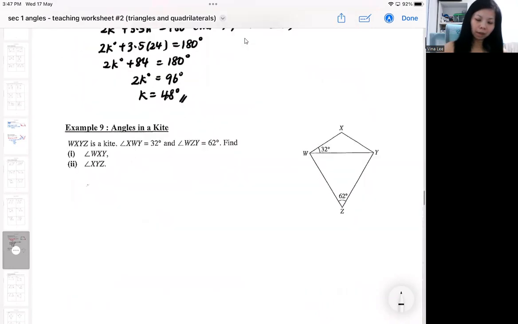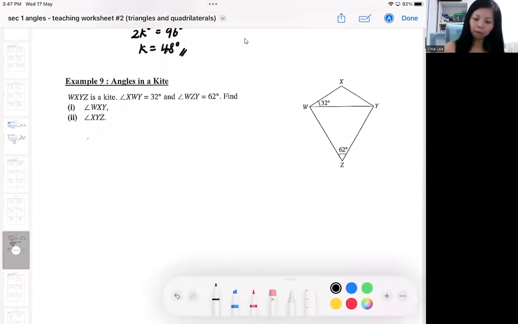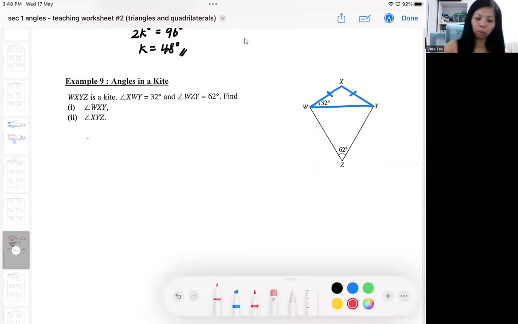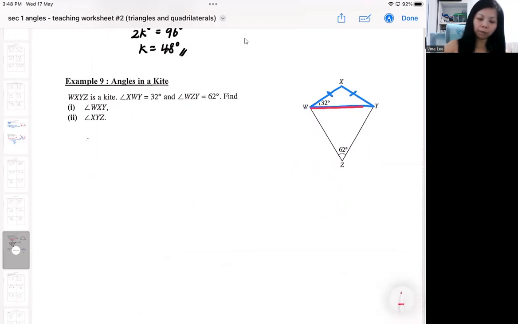The next one is a kite. Remember, a kite is made up of two isosceles triangles, so you need to indicate to yourself to remind you that it's an isosceles triangle. The blue one is a smaller isosceles triangle, then the red one is another isosceles triangle.